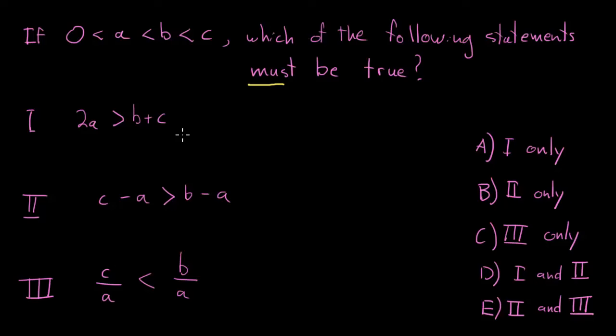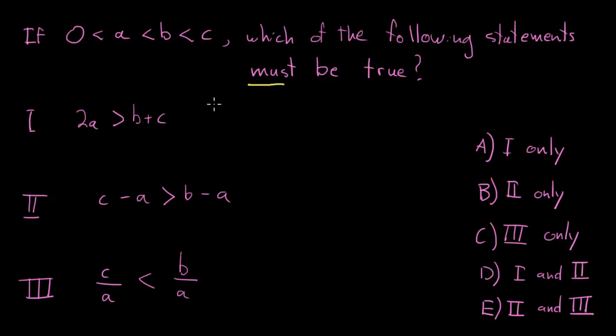Well, value substitution is really just going to give us one example, right? So if I plug in some numbers here and I get a true statement, does that mean that this Roman numeral must be true? No, right? That's just a single example. Maybe we just got lucky with the numbers we picked. But what if we pick numbers and we plug them in here and we get something that's not true?